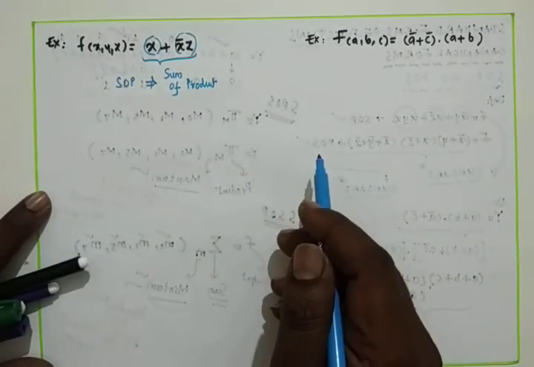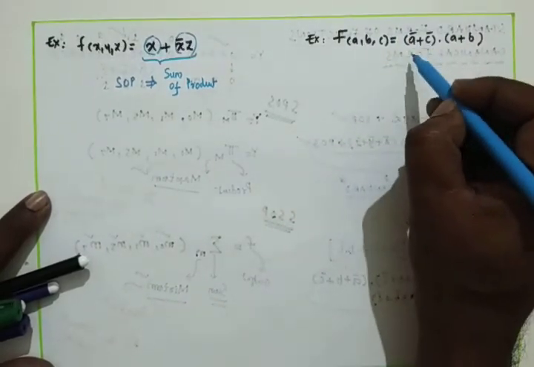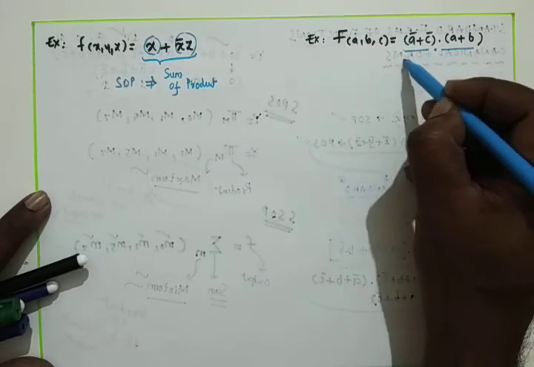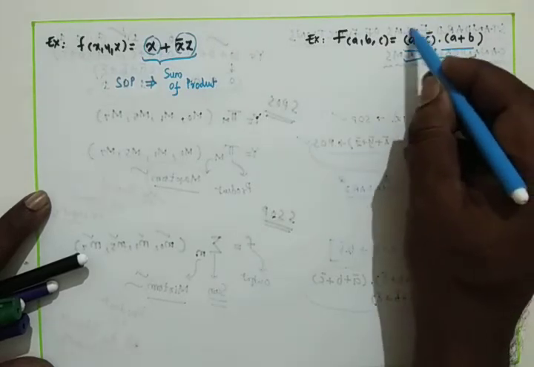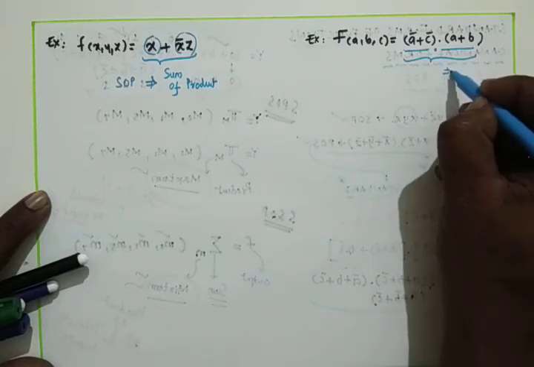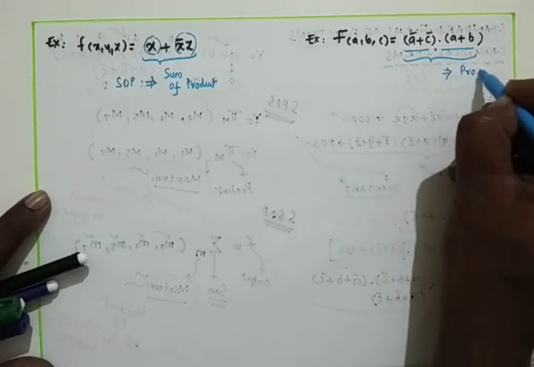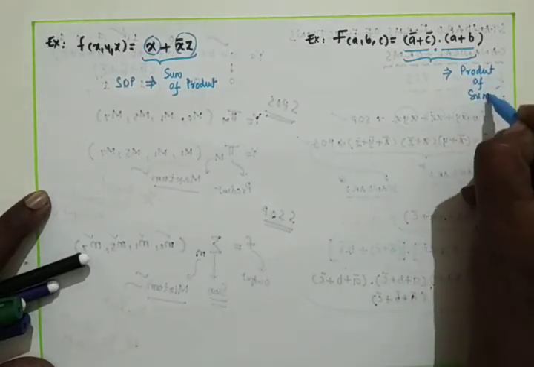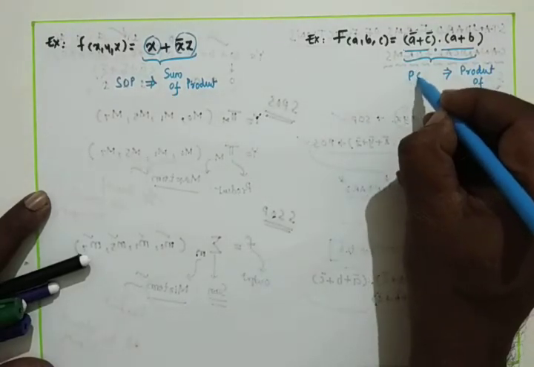Coming to the third example, it is totally a product of this sum and this sum, so finally it is a product of sum. In short we can call it POS.